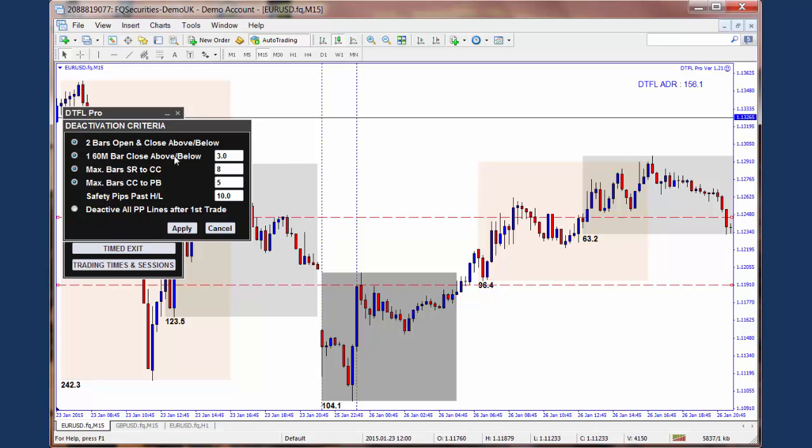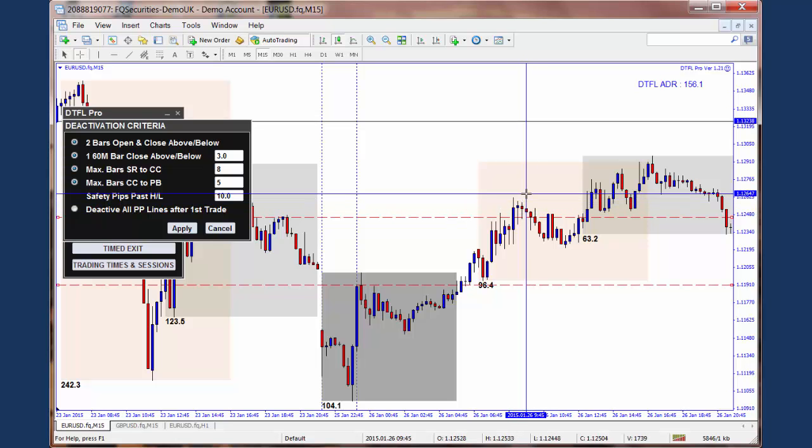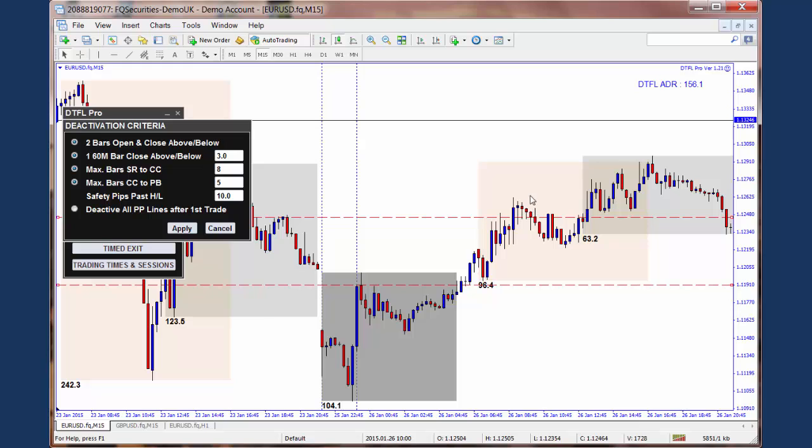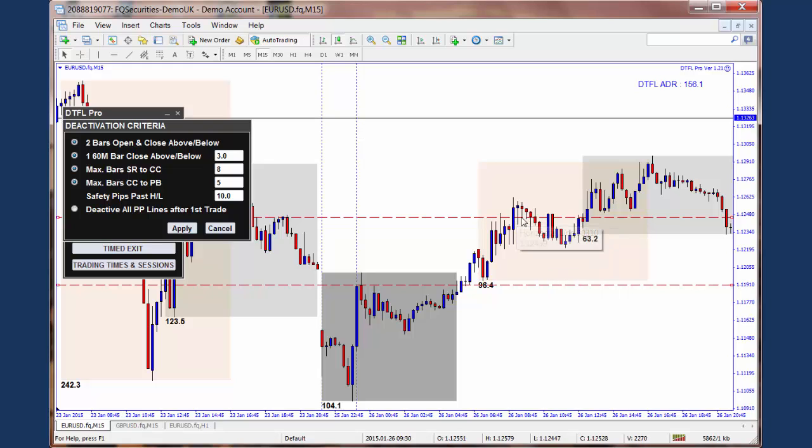In relation to the 2 bars open and close, this line would be deactivated on this candle here. Whereas using this instruction here, it would deactivate on this bar, because that is the 9:45 to 10 o'clock candle. The close of that candle, because it's red, is at the bottom of the candle here, and that is more than 3 pips above the level.